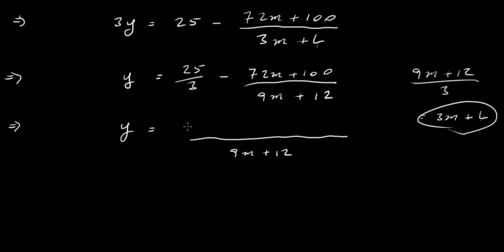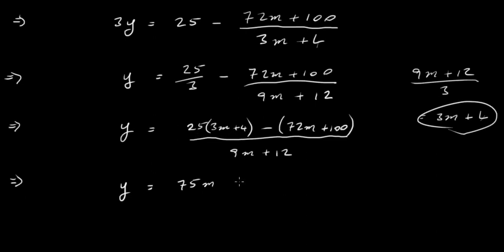Multiply the top by 3m plus 4. On this side now, 9m plus 12 into 9m plus 12 is 1, so I just end up with minus the numerator here, which is 72m plus 100. Now you've got to watch this minus here. This minus is going to change these signs. Next we have y is equal to, well, 25 times 3m gives me 75m. 25 times plus 4 will give me plus 100.